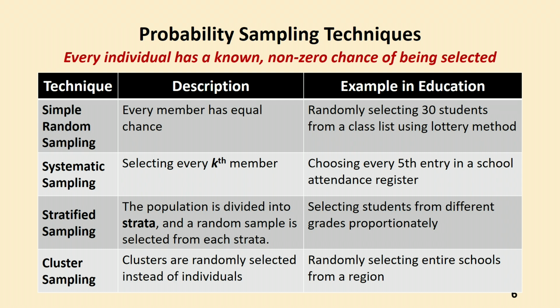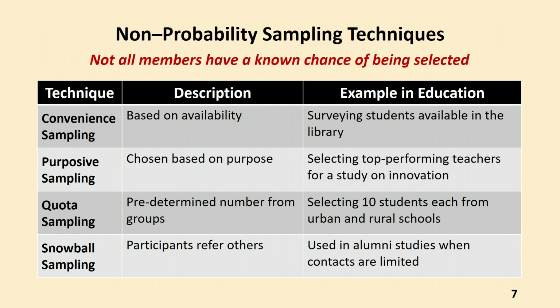Non-probability sampling technique: not all members have a known chance of being selected. Let us discuss the techniques. Convenience sampling is based on availability. Example, surveying students available in the library.